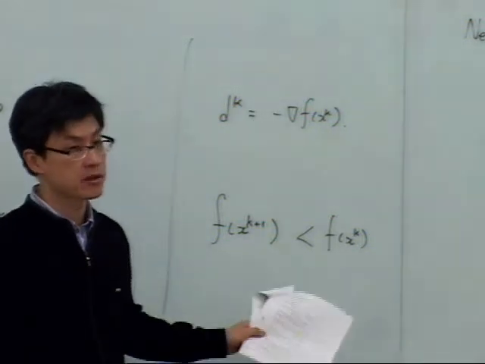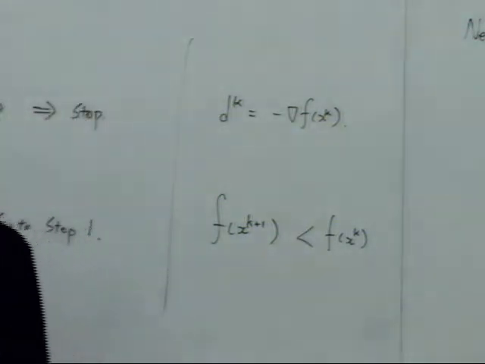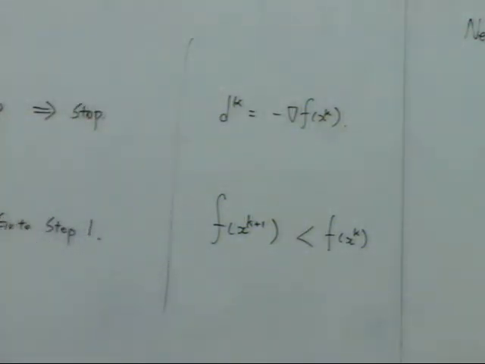This is not guaranteed. And also, we need some more assumptions. Since we utilize the inverse of the Hessian here, which automatically includes the assumption that the Hessian of the function should not be singular. If the Hessian is singular, we cannot use it. That's Newton's method.